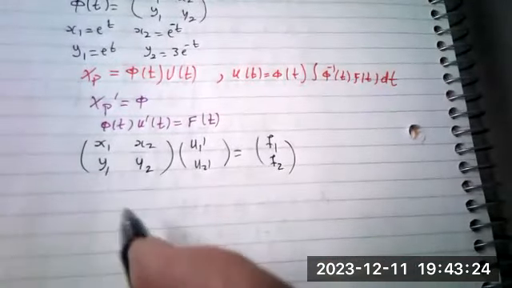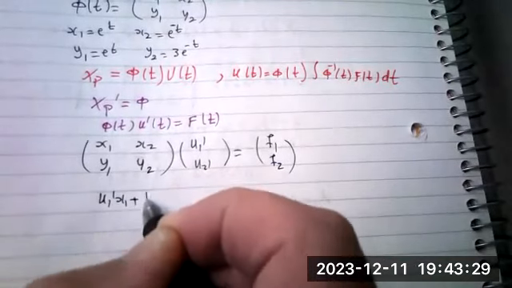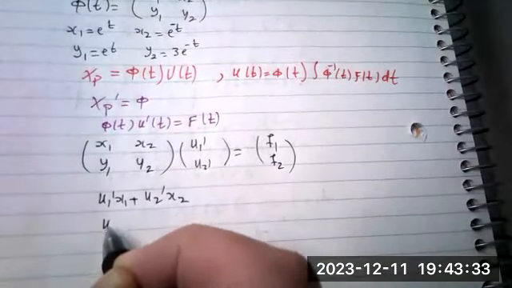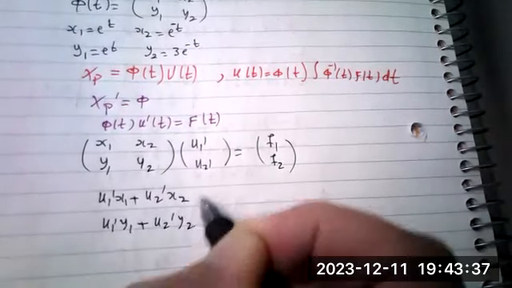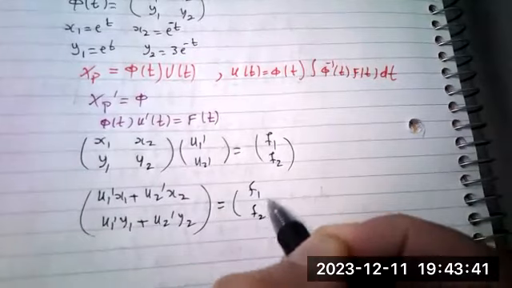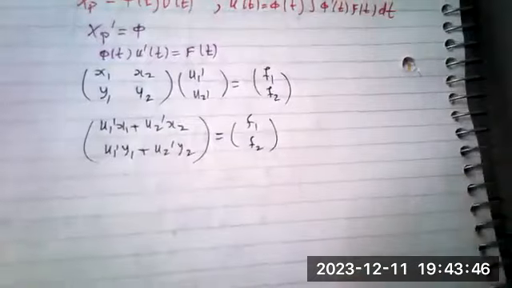If you multiply the first one, that gives us something easy: u1 prime x1 plus u2 prime x2, the first one. The second one, u1 prime y1 plus u2 prime y2. This must be equal to f1 and f2. So what you have to do if you want a short form is this.